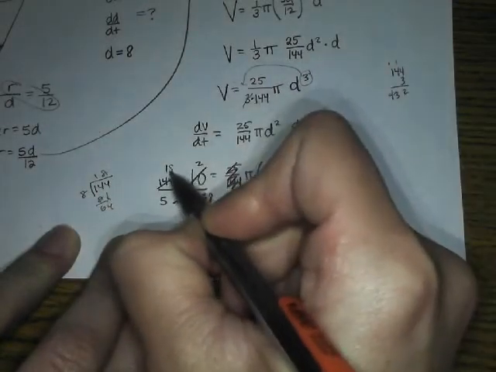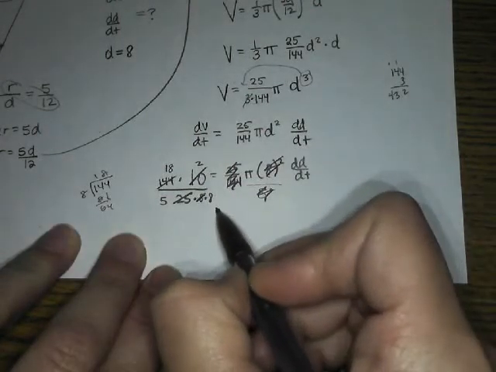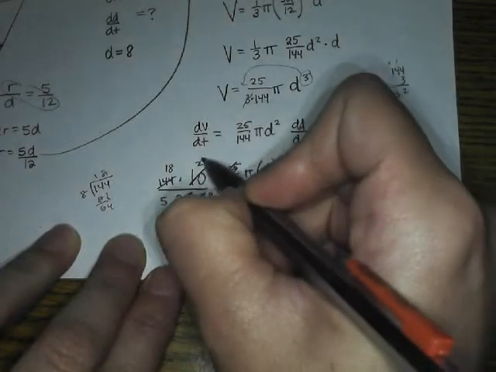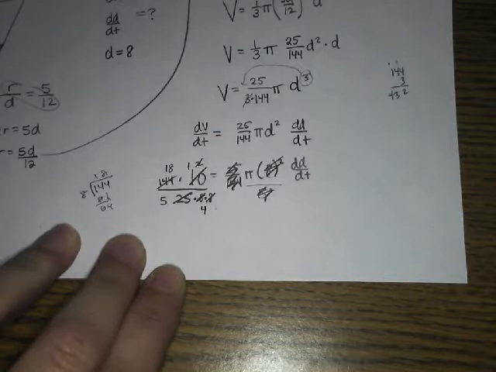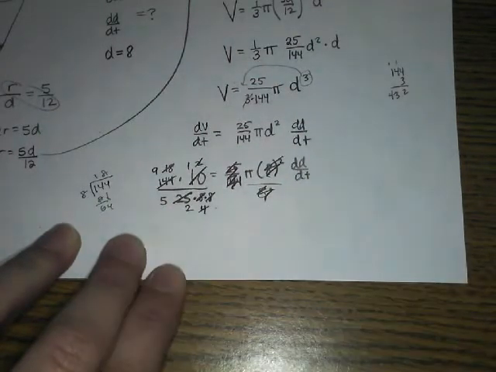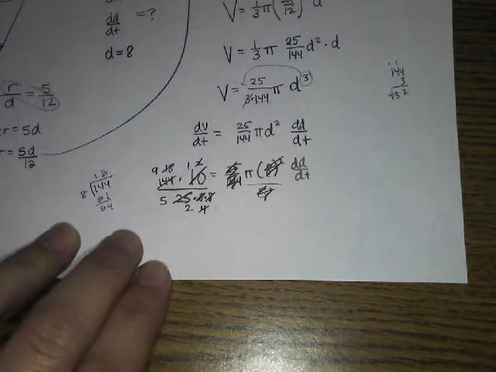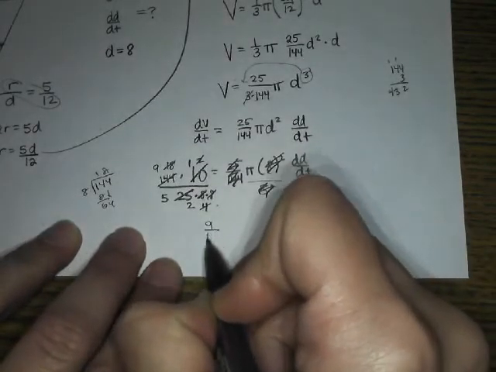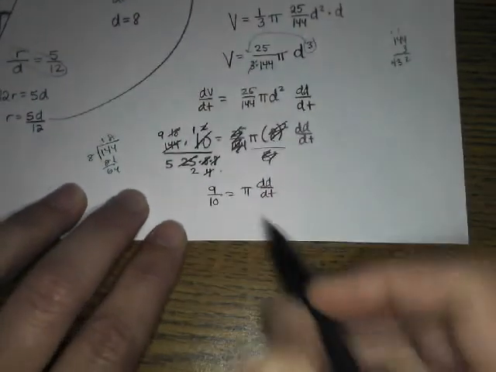And then my 2 and my 8 can reduce to 1 and 4. Now my 18 and my 4 can reduce to 9 and 2. So overall on this left-hand side I have 9 over 10. Yes? 9 over 10 equals, I still have the pi dD dt, but I'm just going to divide that pi over, and it's going to be 9 over 10 pi equals dD dt.